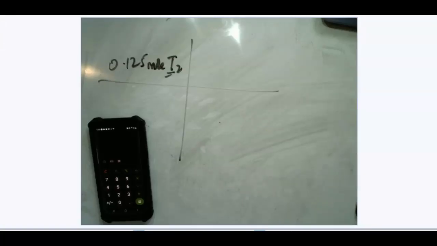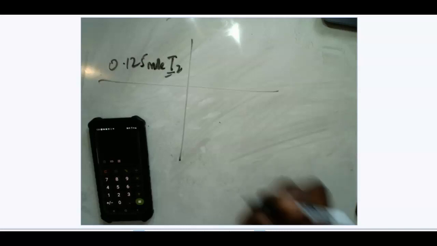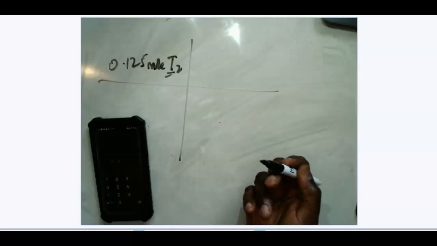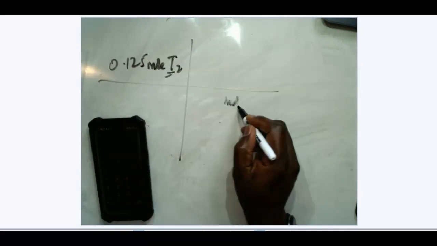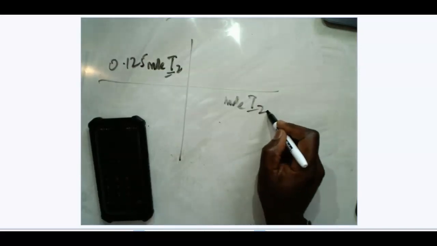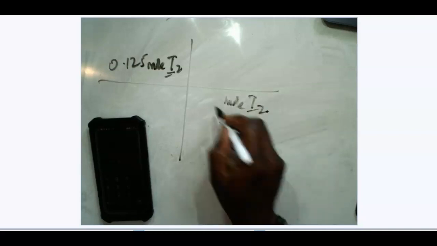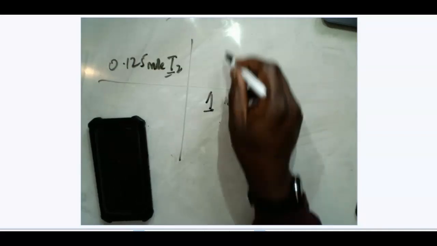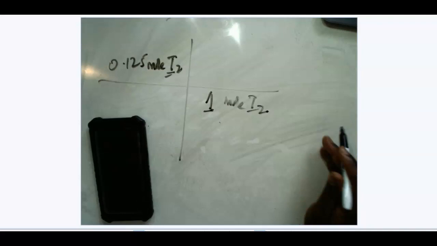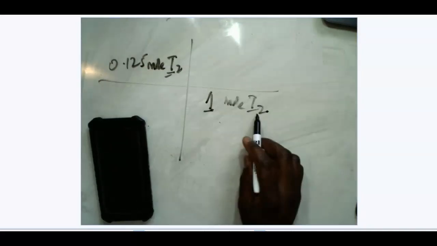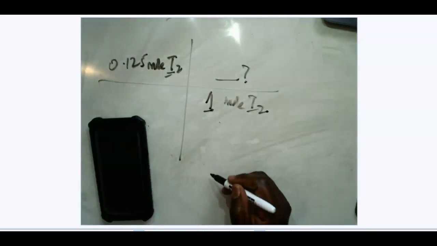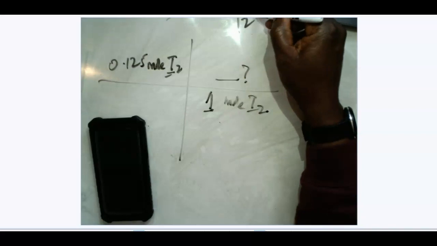0.125 moles of iodine. You're looking for how many grams this is. The mole of iodine will be here, and this is 1 mole, because you don't have any equation to get your mole ratio from. So 1 mole of iodine will be how many grams? Iodine is 127 grams.